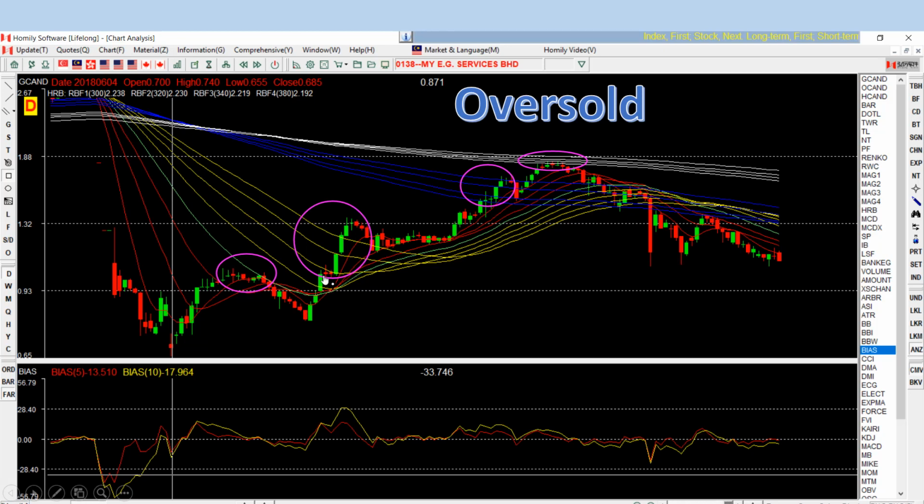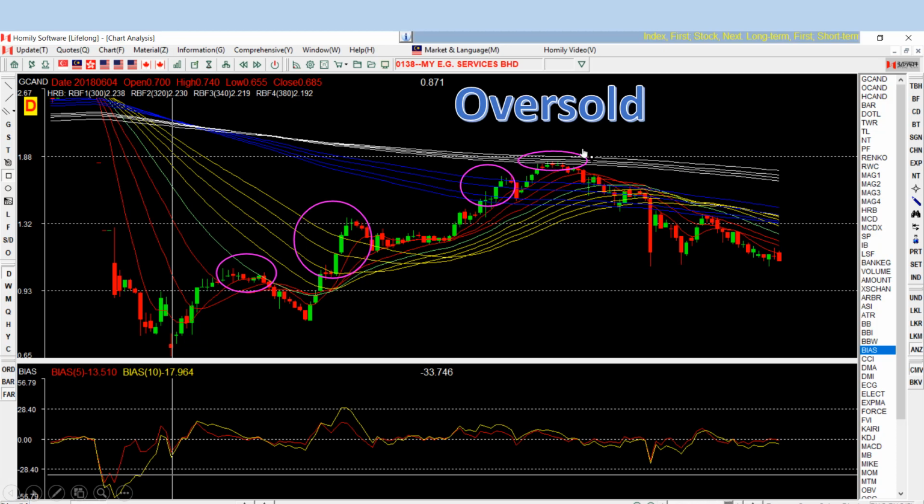So for the rebound, you can see this one rebound, you need to know the yellow line will be the resistance. And when the red line turns up, it will be the support. So the next resistance will be the blue line and the white line. You can see every time the price rebounds to the white line, it is hard to break out.